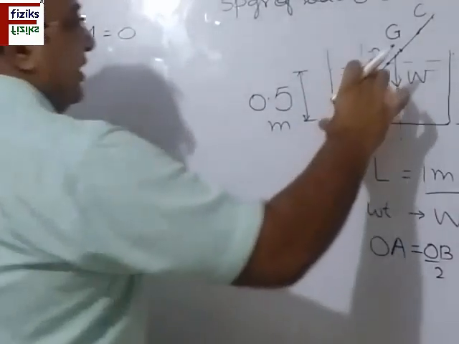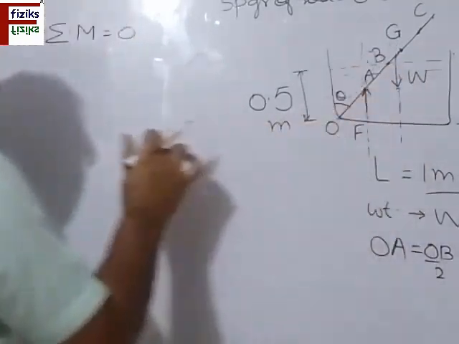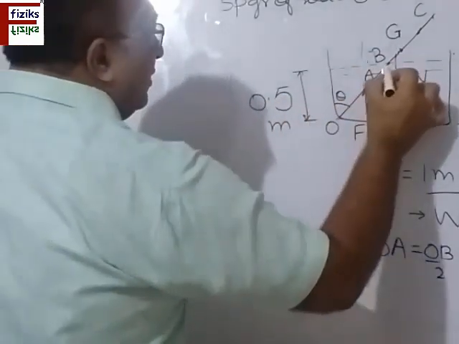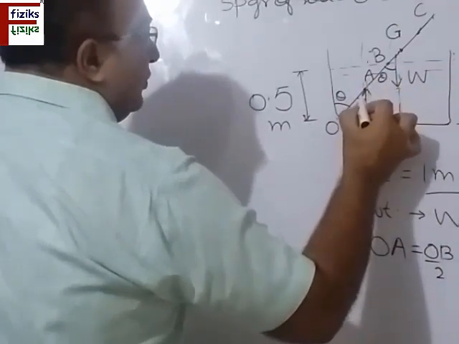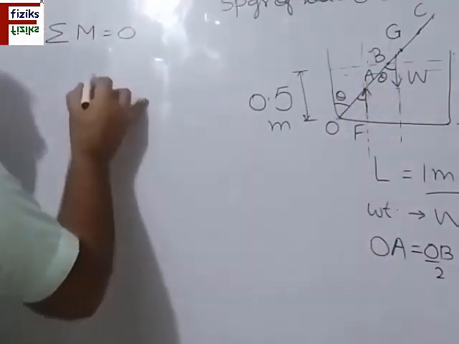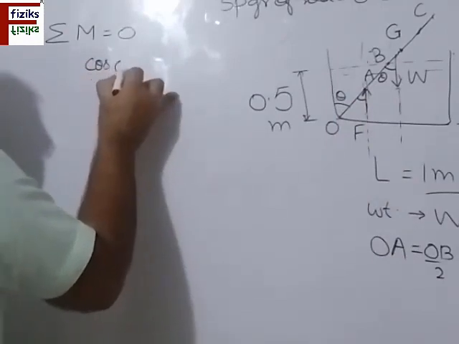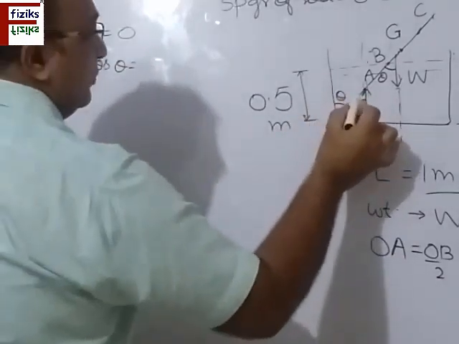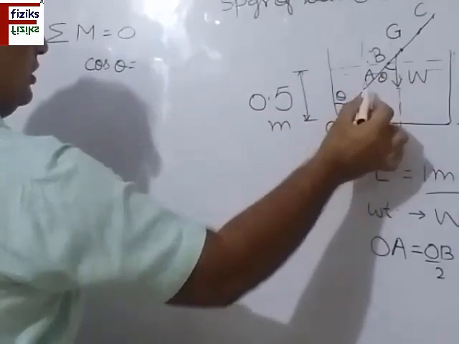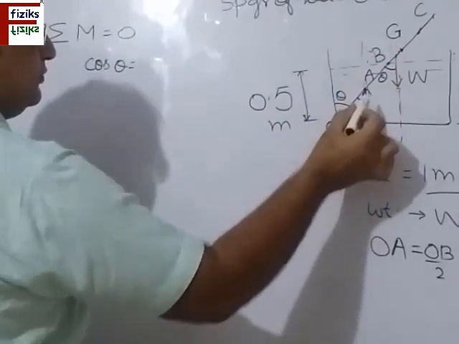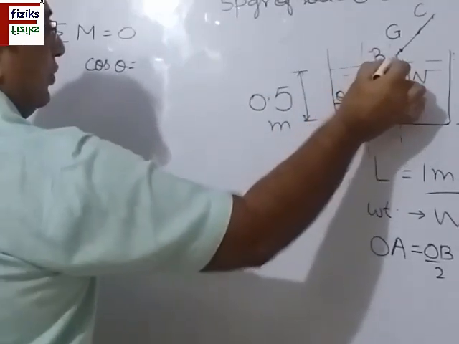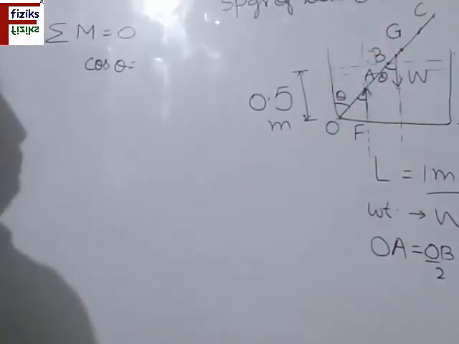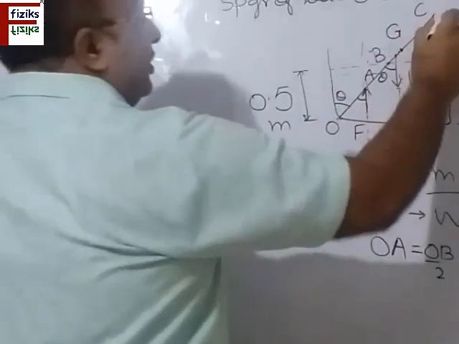Now first of all, calculate this length OA. Now we know that this angle is theta, so this angle is also theta, and this angle is also theta. So I can write cos theta, this point is B, this length OG is equal to half of the total length.